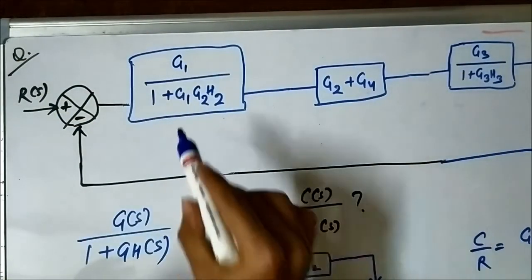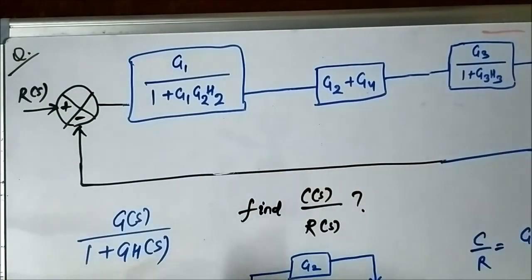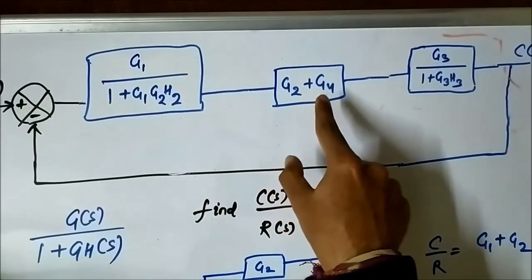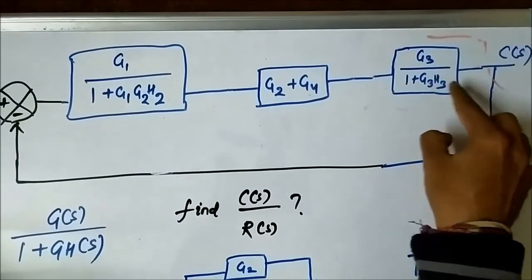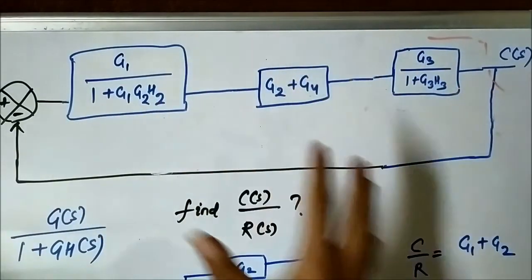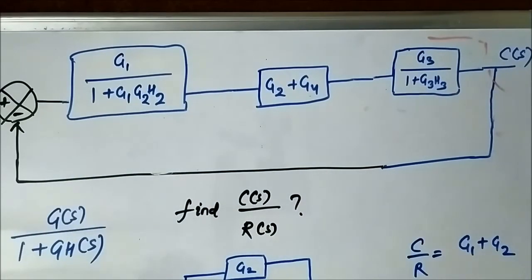Now these three blocks, G1 by 1 plus G1 G2 H2, G2 plus G4, and G3 by 1 plus G3 H3, are connected in cascade, so they will all be multiplied, because blocks connected in cascade are multiplied together.